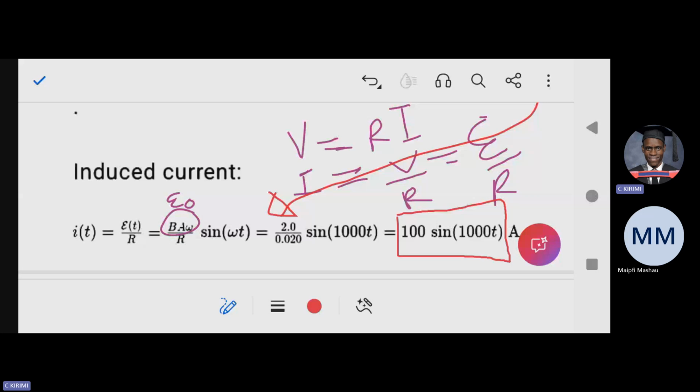But because I want the induced current at any given time, t, that's why you are expressing the current as I of t equals I sine omega t, which means it's a function of time. If time is 2 seconds, I will have a current corresponding to time at 2 seconds.